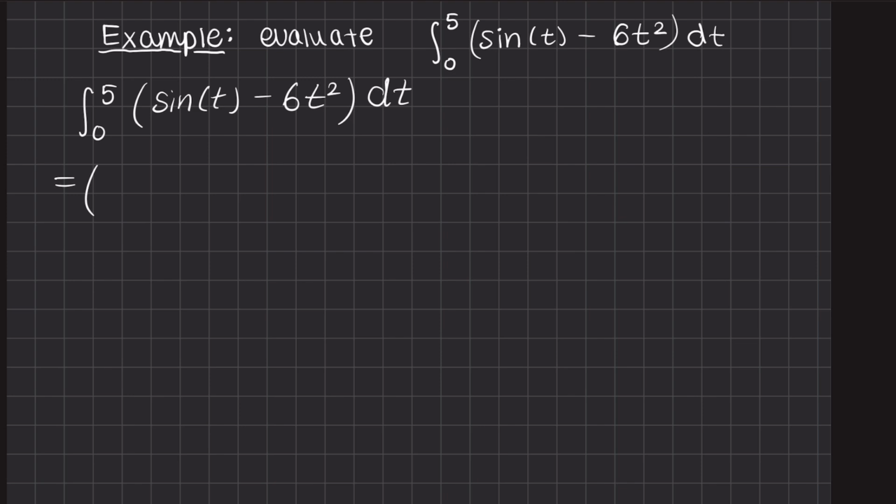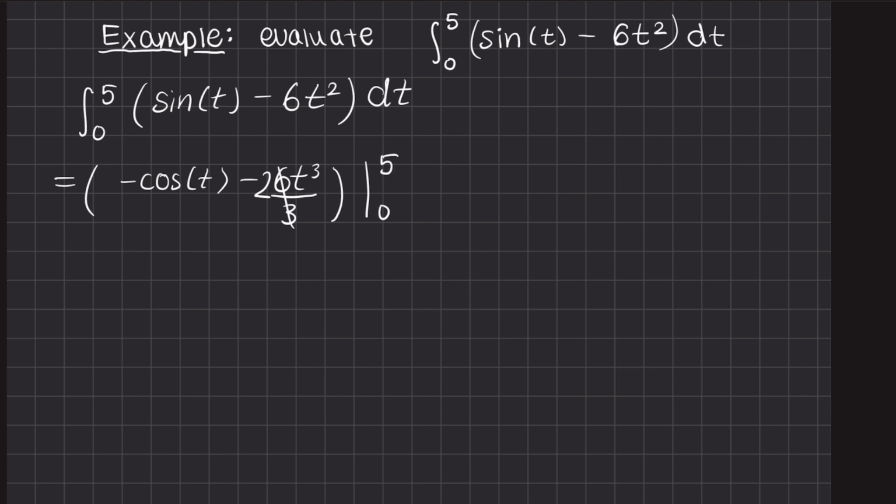The antiderivative of sine of t is going to give us a negative cosine of t. For negative 6t squared, we have negative 6t cubed over 3, where the 6 and the 3 simplify to a 2. And we're evaluating this from 0 to 5.